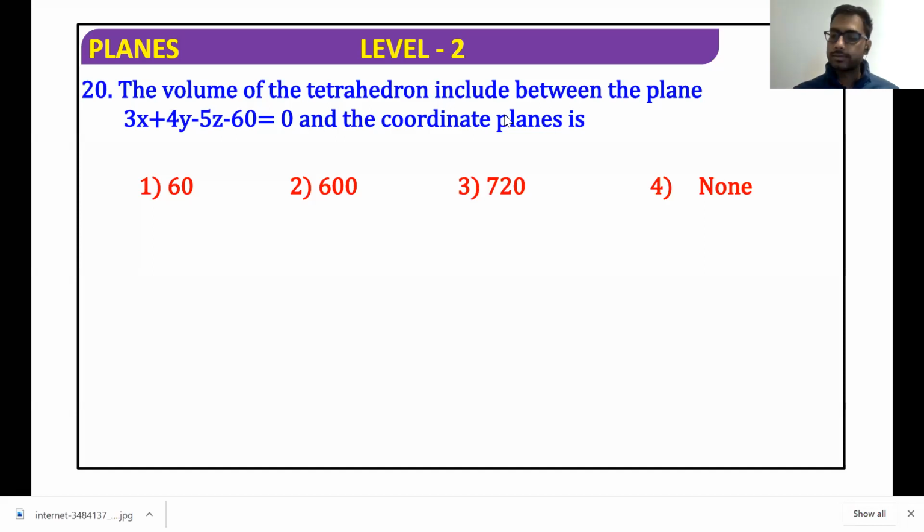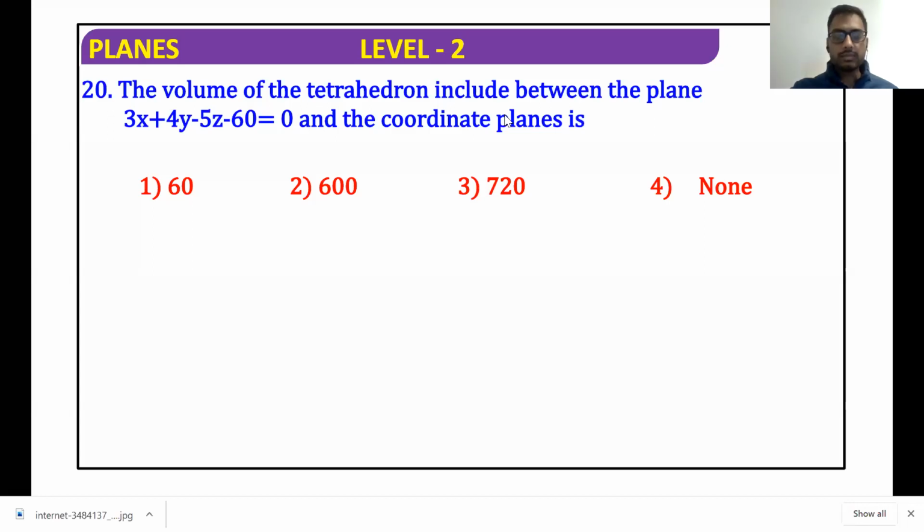So what you have to do is find the values of OA, OB, and OC. How can we get the values of OA, OB, and OC? The equation of plane is given to you, which is 3x plus 4y minus 5z is equal to 60. Divide by 60 throughout, I will get x upon 20 plus y upon 15 plus z upon, how much is 60 by minus 5? Minus 12 is equal to 1.